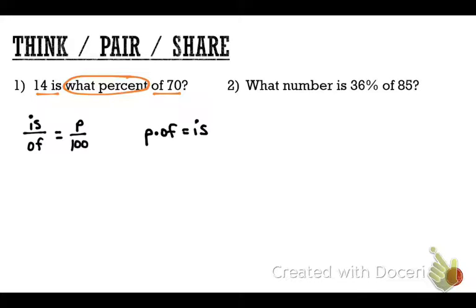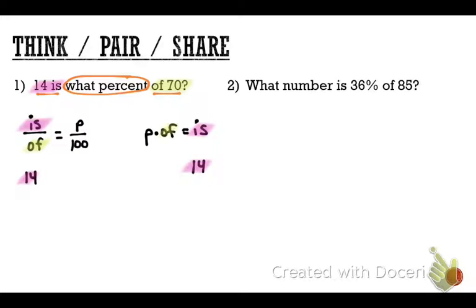First things first, class, do we know what the is going to be? Yes. What is it? 14. So anywhere that I see the is, I'm just going to plug in 14. Do we know what our of is going to be? Yes, of 70.